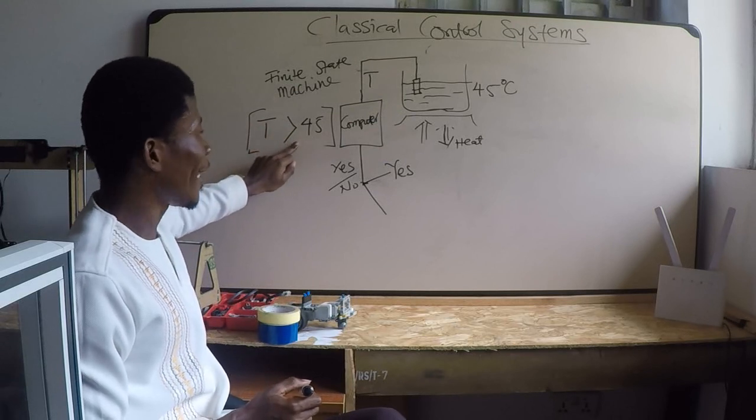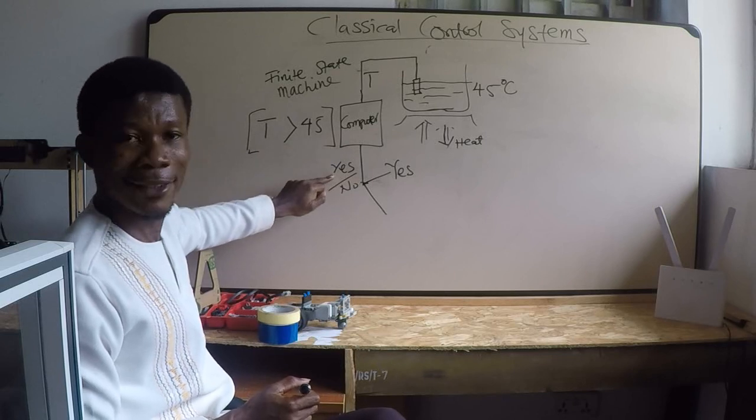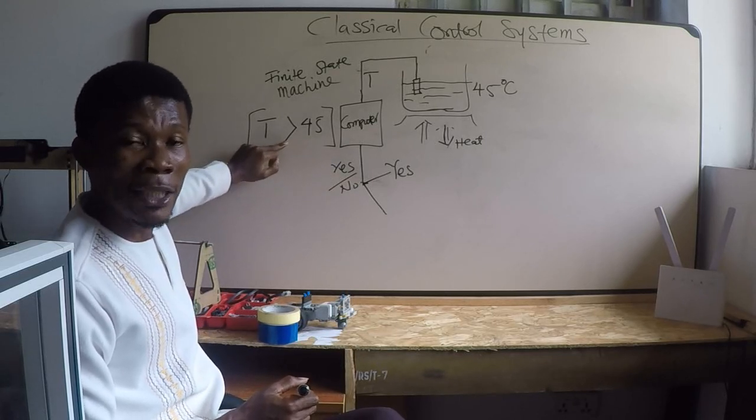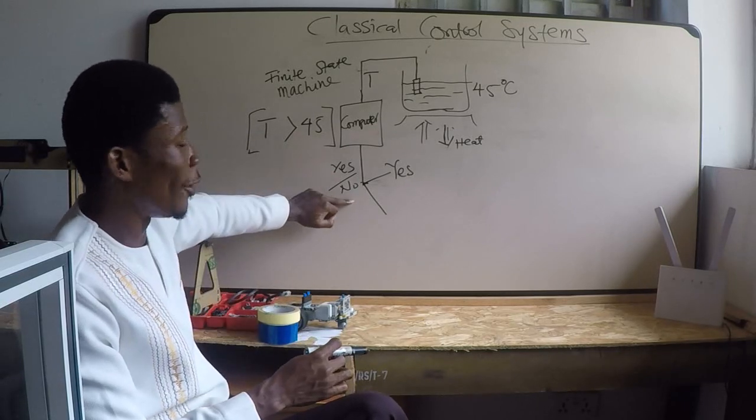If T is greater than 45, then the result is going to be a yes. If T is not greater than 45, that means if T is less than 45 or if T is equal to 45, the result is a no.